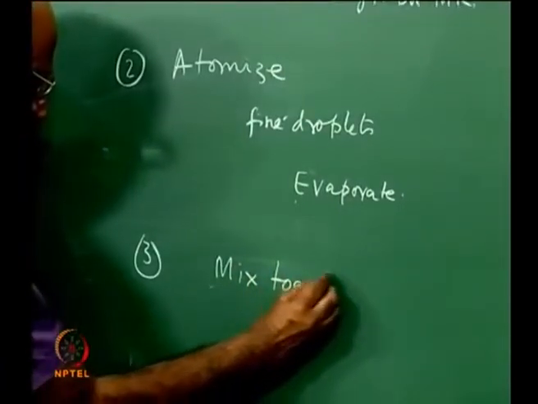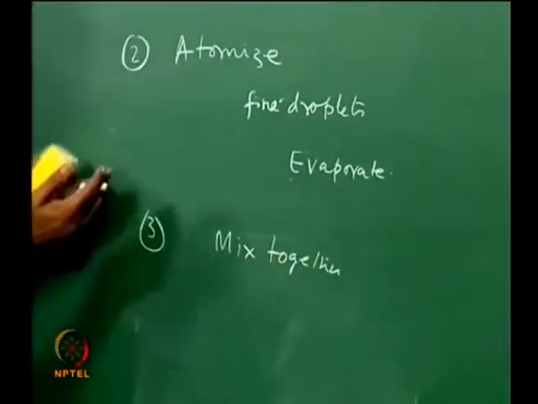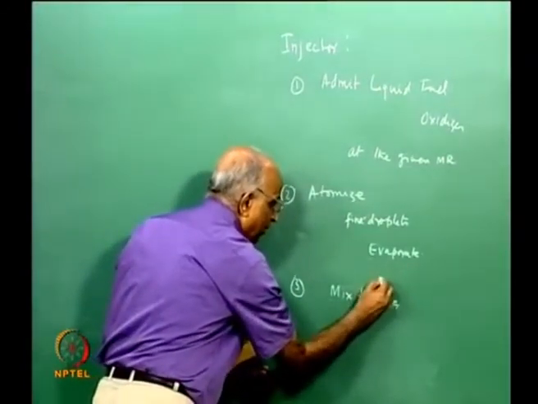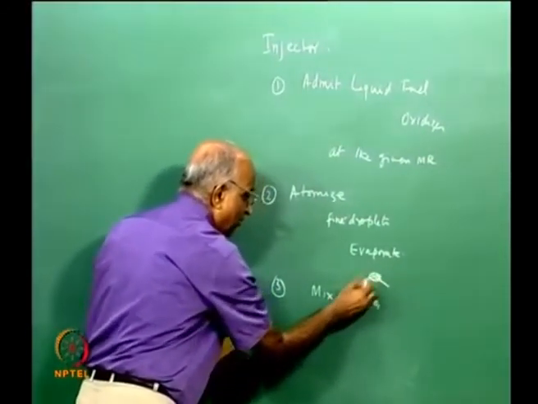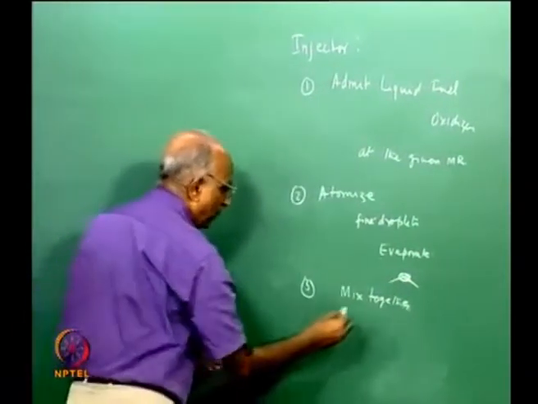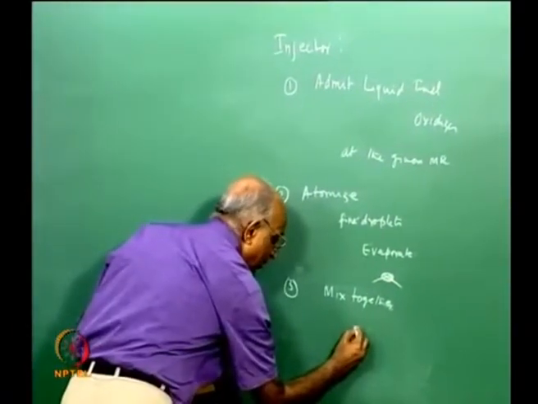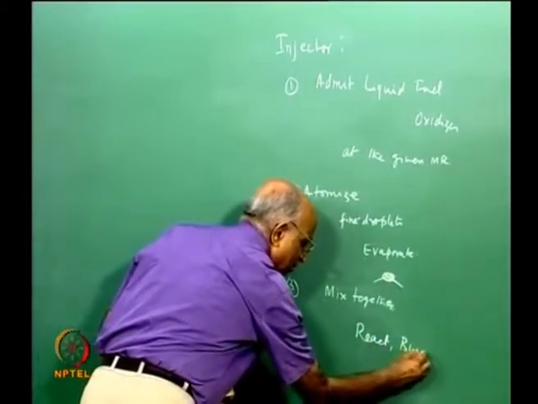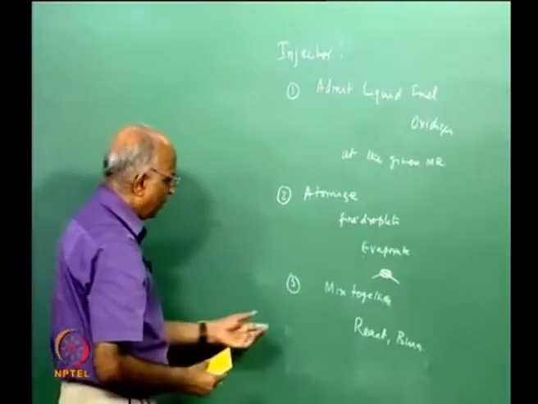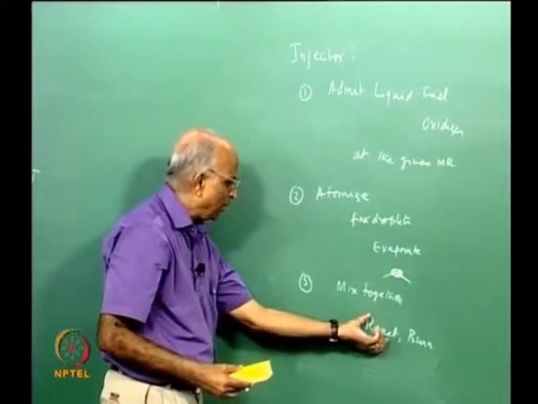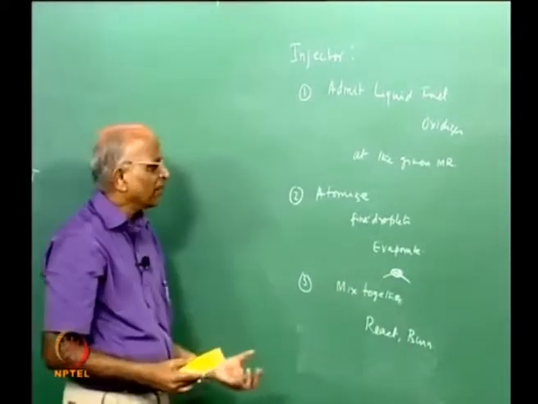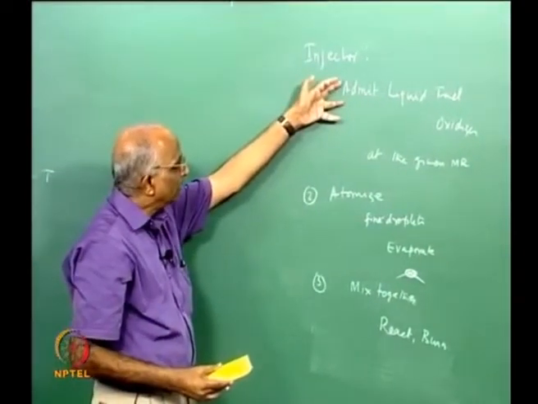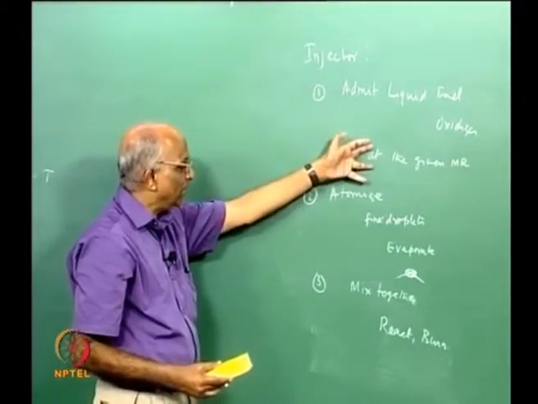That means it must push the fuel and oxidizer in some form such that the vapor will mix together in some way, and once it mixes together it can chemically react and burn. In some cases you need initially an igniter, but otherwise in a hot environment it can always chemically react and burn.